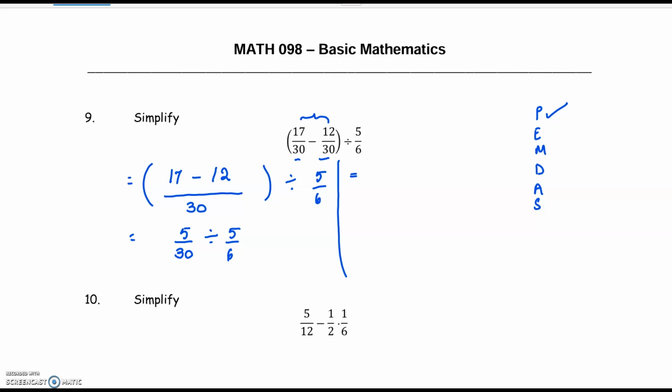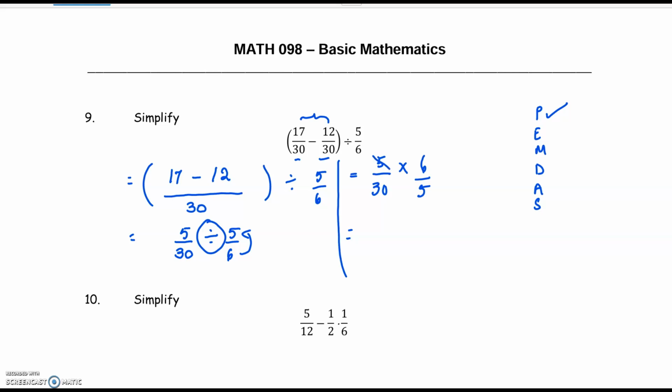We could reduce it to the lowest terms, but in this case we're going to multiply or divide fractions anyway, so we'll do that in a minute. Now change division to multiplication and then flip the fraction, so it becomes 5/30ths times 6/5.